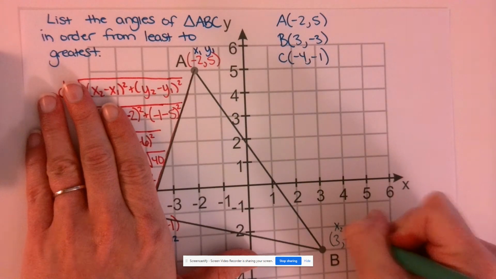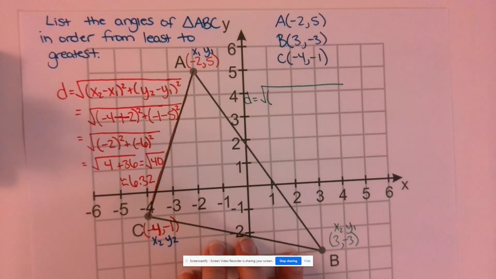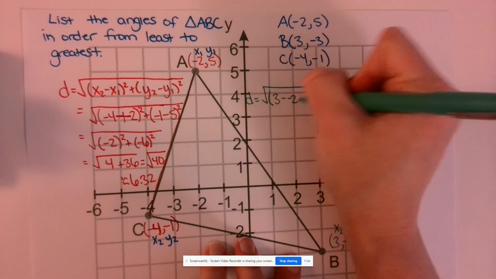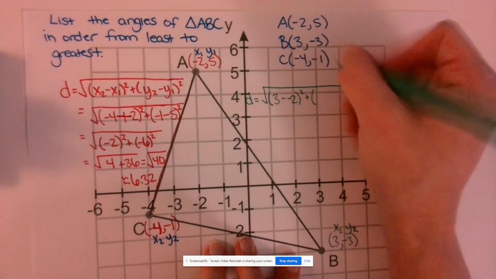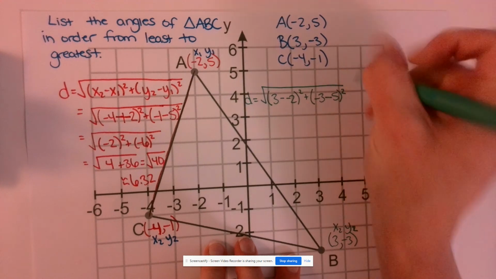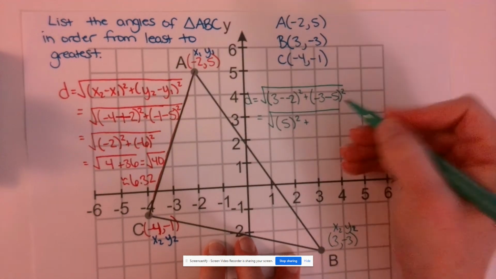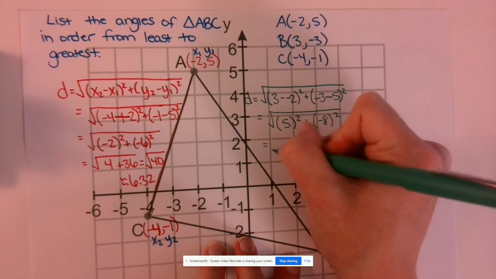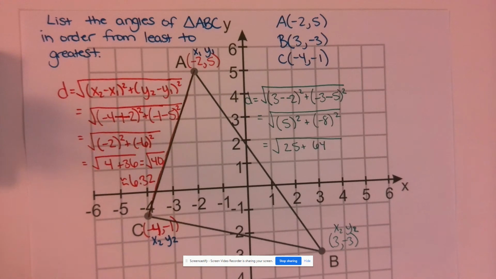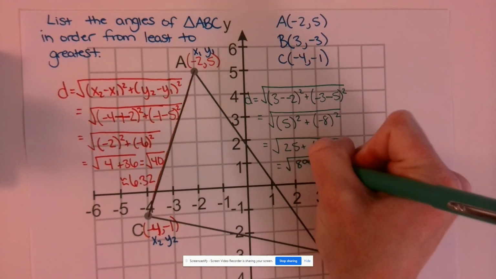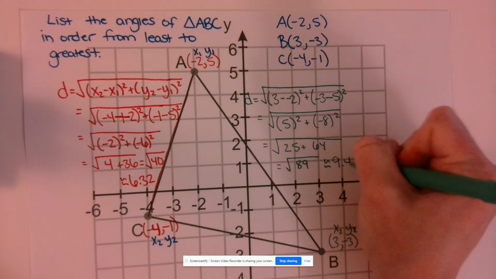I'm going to label and plug into the distance formula. x2 minus x1, y2 minus y1. So this length, I got approximately 9.43.